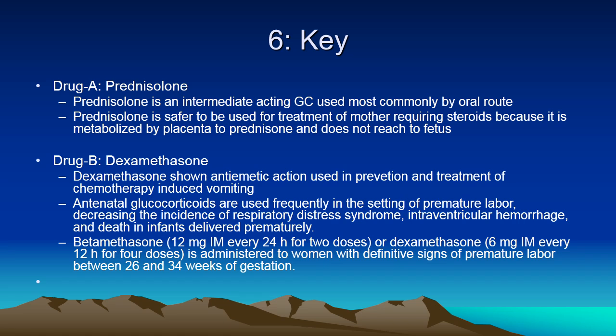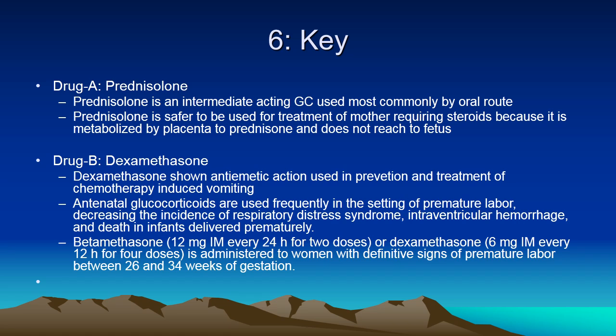B drug is dexamethasone. Dexamethasone is shown to have antiemetic action, therefore it is used to treat and prevent chemotherapy-induced vomiting. Antenatal glucocorticoids are frequently useful in the setting of premature labor, decreasing the incidence of respiratory distress syndrome in neonates. It also decreases the incidence of intraventricular hemorrhage and death if delivery is premature.